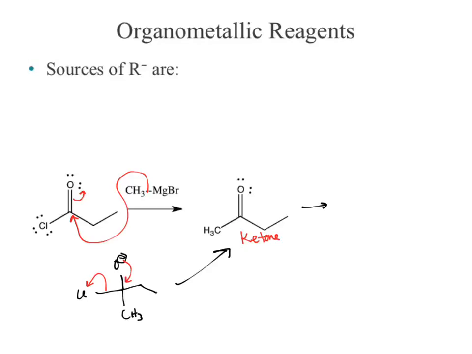It consumes a second equivalent. I'd have 2 CH3s added to this. It would stall out at the oxyanion. At that point, what would I follow it up with? Step 2, H+, and I would end up with my alcohol. And I drew on that extra carbon again.